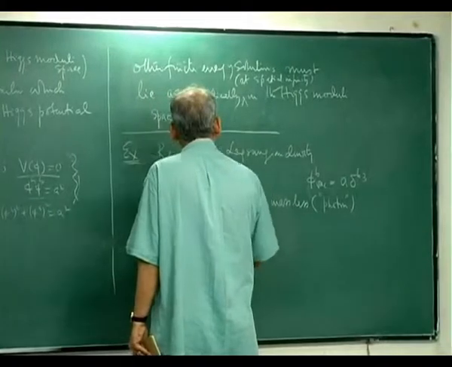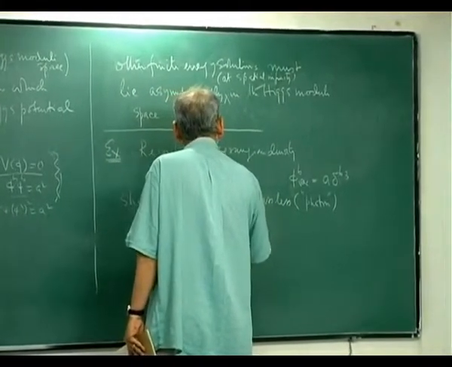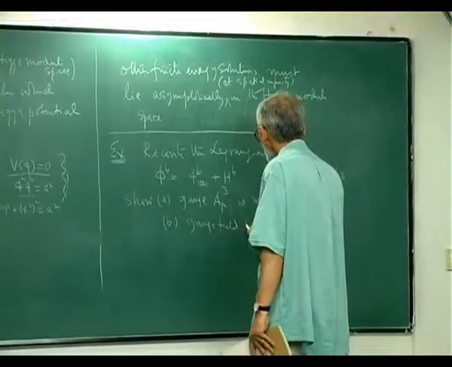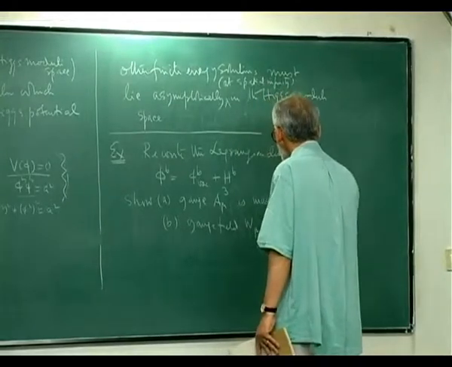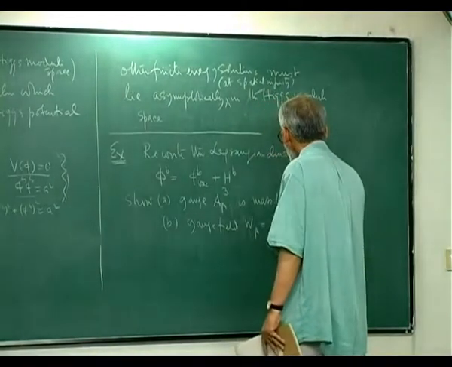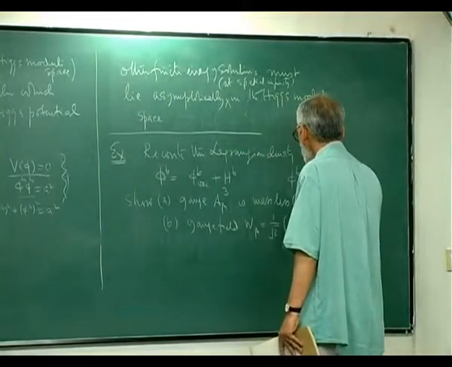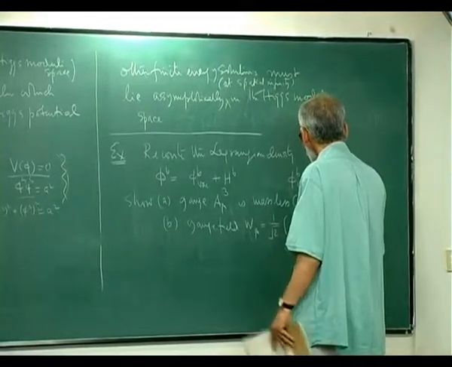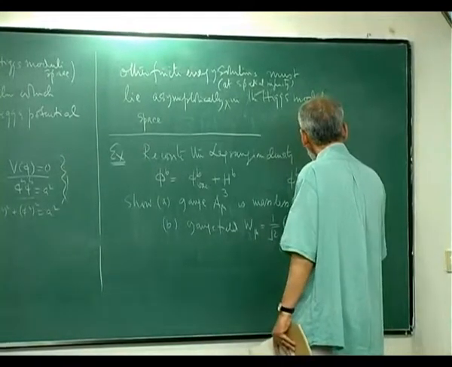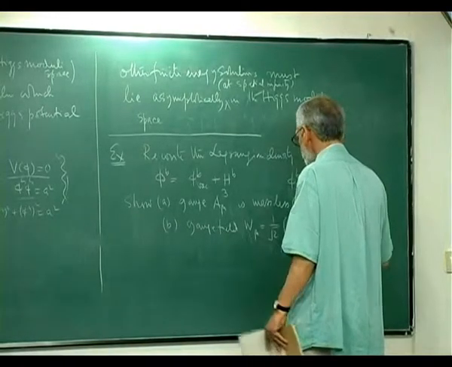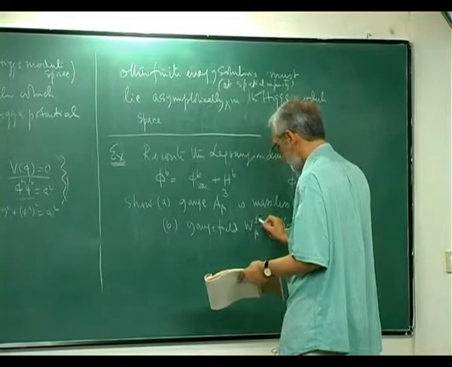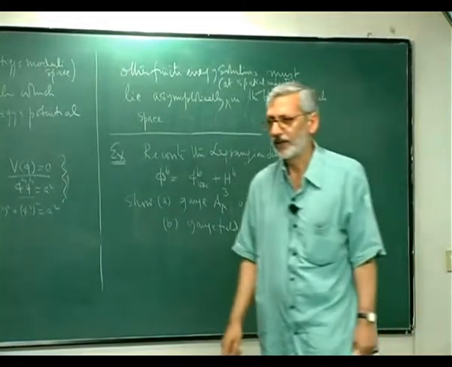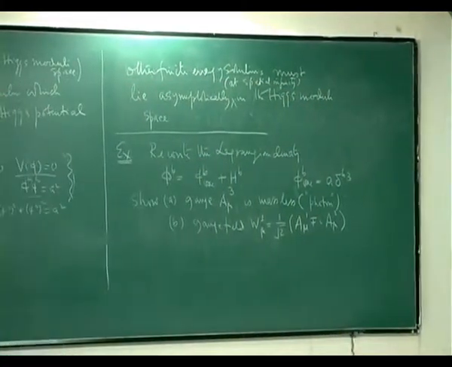Second, show that the other two gauge fields, let me combine them in a particular complex combination, W mu plus minus equal to square root half A mu 1 plus minus i A mu 2. I don't know why I have called plus minus here and minus plus here, there must be some reason.